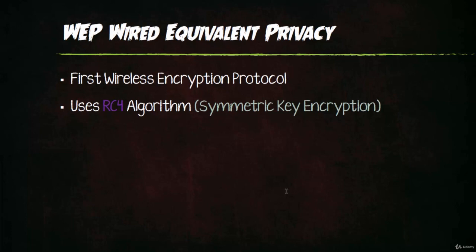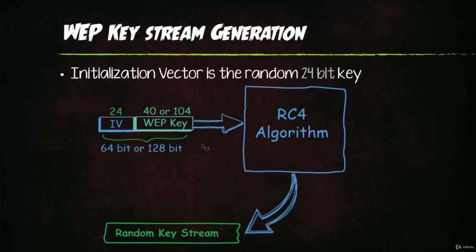First, WEP was the first wireless encryption protocol. It uses the RC4 algorithm, which is a symmetric key encryption algorithm. So we will see how this algorithm works. This algorithm contains a password, which is a WEP key.